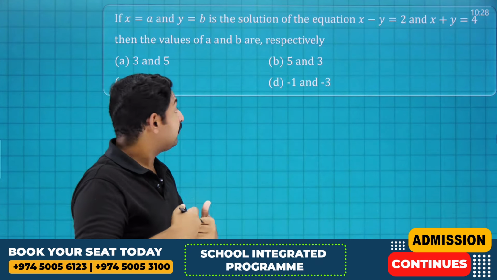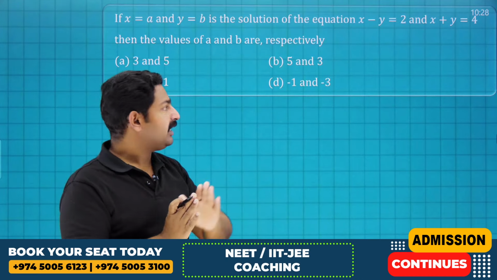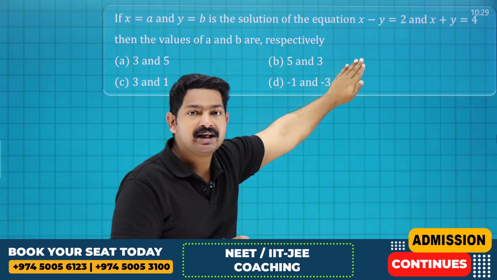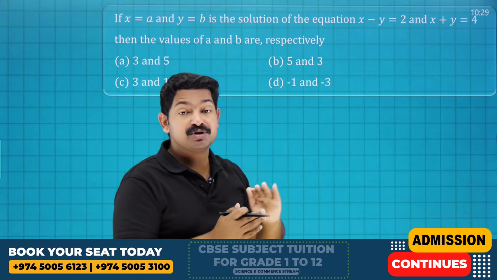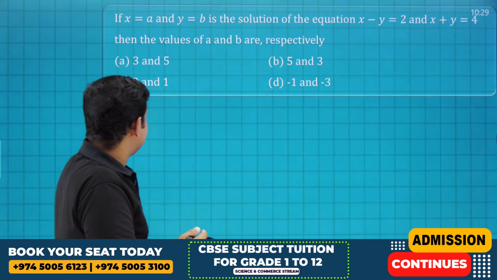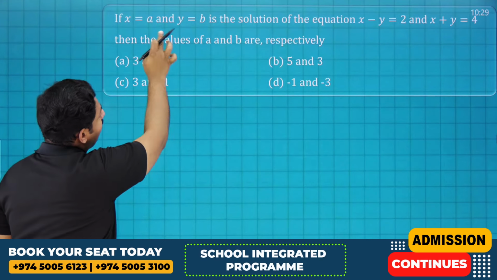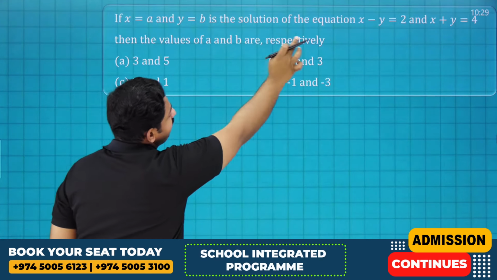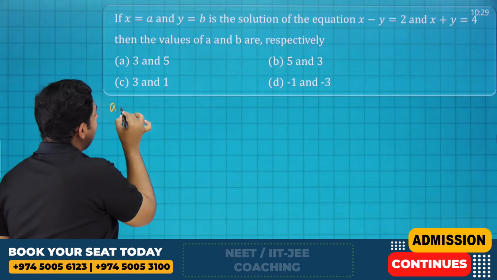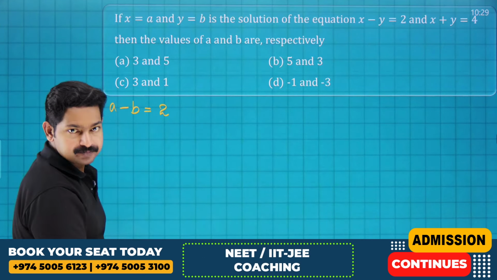So if x equal to A and y equal to B is the solution, then definitely if you substitute the values into the equation, the equation will satisfy. So we can substitute A and B, the values of x and y, into the first equation. That is, you will be getting A minus B is equal to 2, right?